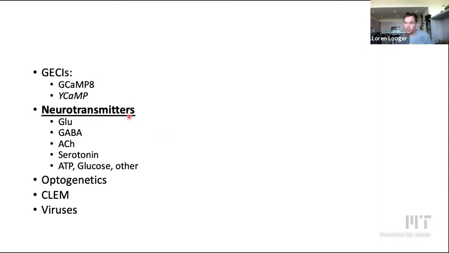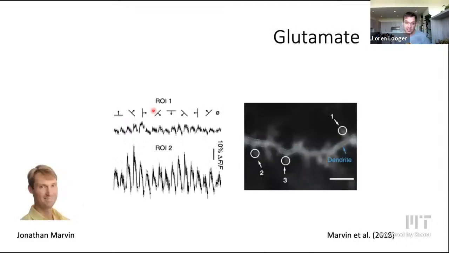We've made a lot of neurotransmitter sensors. If you're going to make one neurotransmitter sensor, it should obviously be for glutamate. So we published the iGluSnFR 1.0, I believe, in 2015. Then this is the 2.0 version, where you can see you get really nice signal and noise.